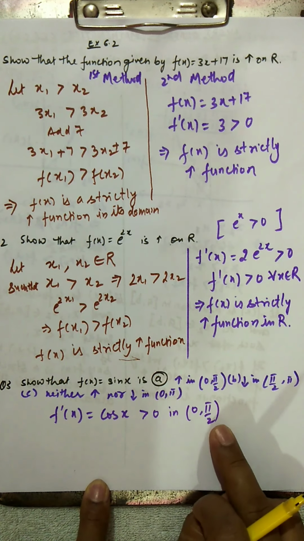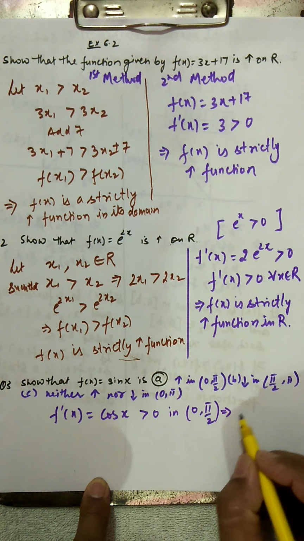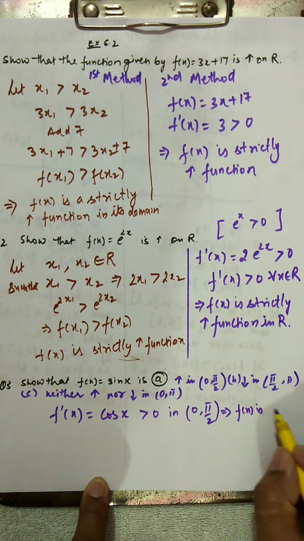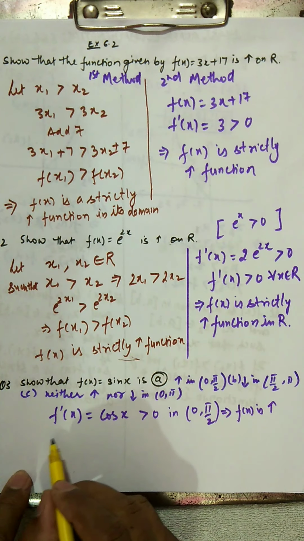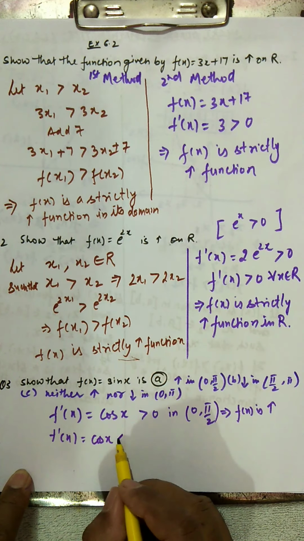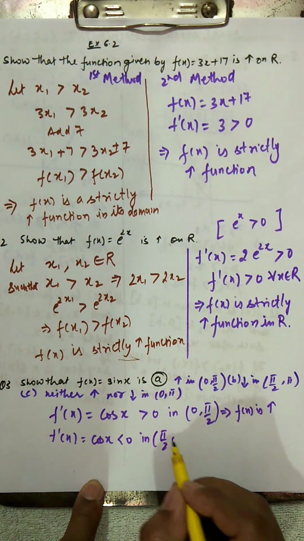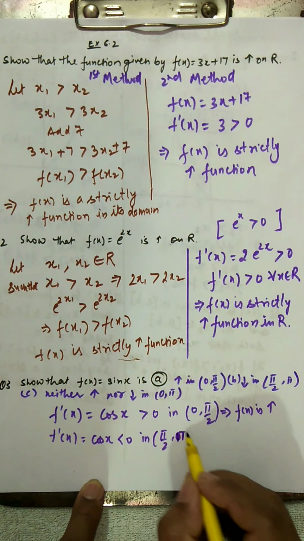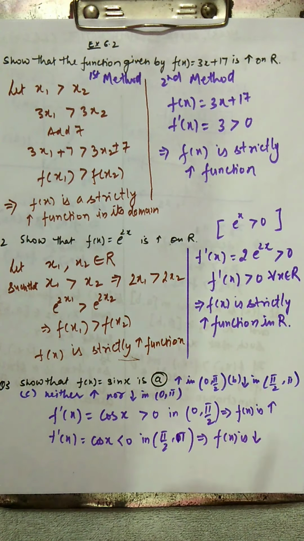This is the first quadrant, and in the first quadrant cos x will be positive. So it implies that f(x) is increasing. Similarly, f'(x), which is cos x, is negative in (pi/2, pi), which implies that f(x) is a decreasing function.